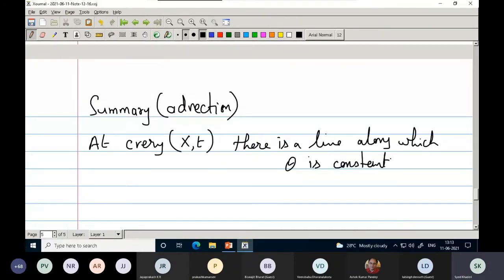Now here we have to focus on a few aspects. At every x and t, there is a line along which something is constant.